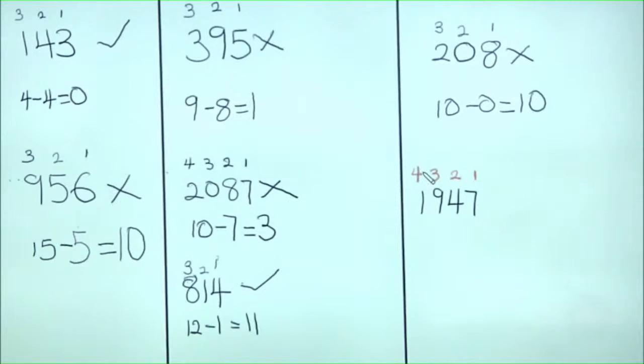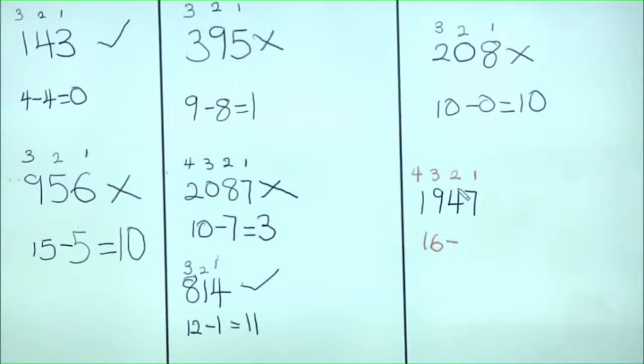We have ordered the digits. We have to add all the digits at the odd places and then the digits at the even places. Which one should we add first? Okay, let's add the digits at the odd places. We have 7 and then 9. 7 plus 9 is 16. So let's write it here.